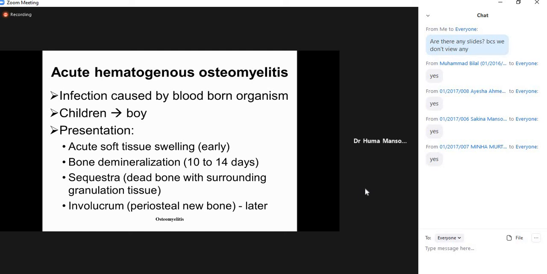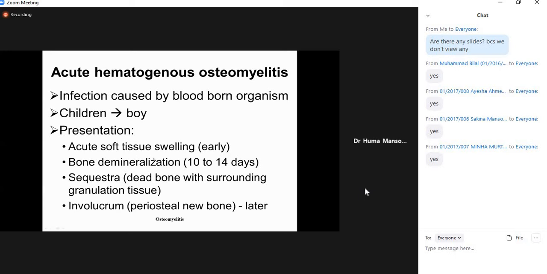Then there's new bone formation because the inflammatory cells secrete mediators which stimulate osteoblasts. Those osteoblasts start making new bone, which is kind of fragile, and you call this new bone the involucrum.